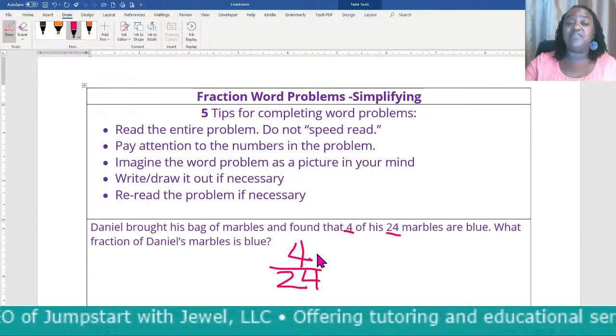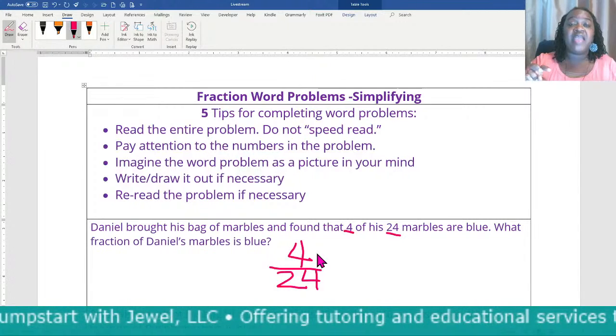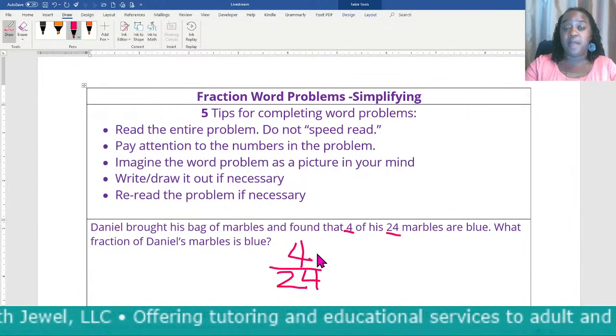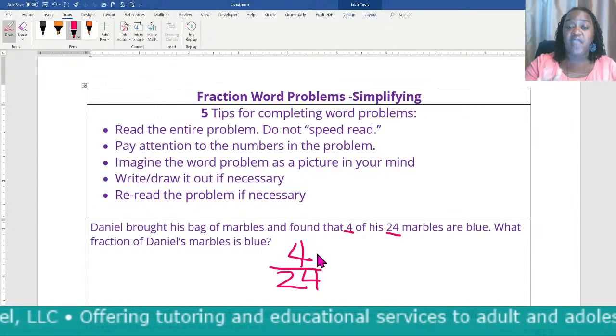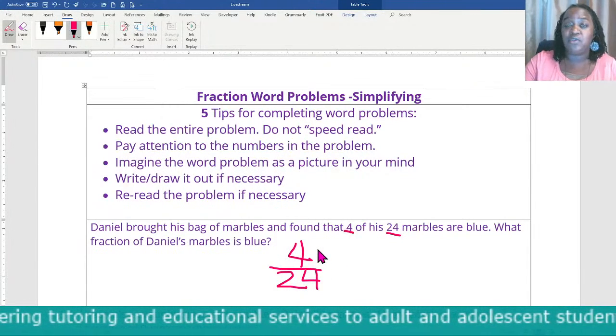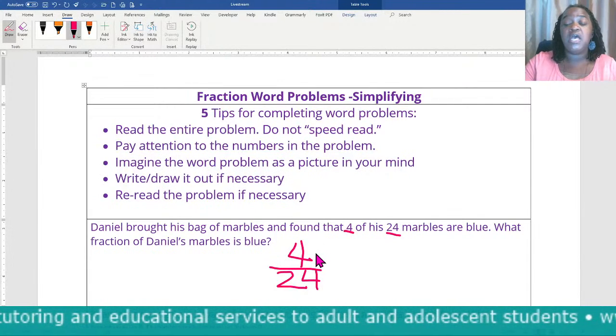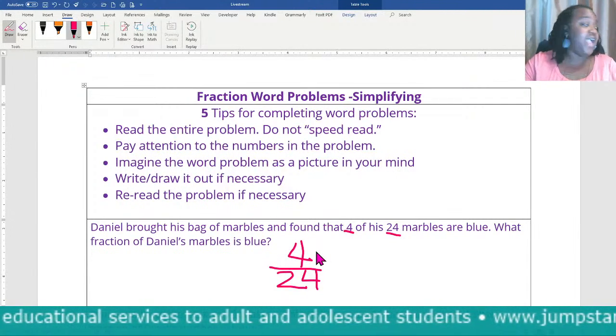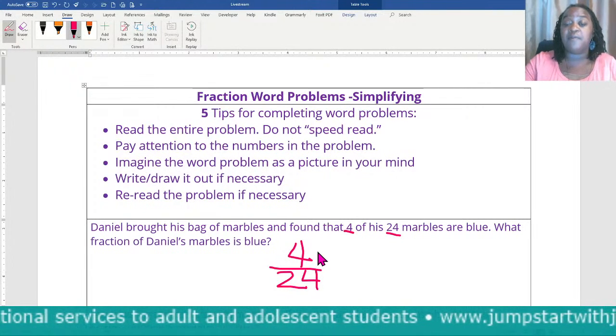That is a number that you can divide the numerator and the denominator by to make the fraction smaller. So if you're looking at 4 out of 24, and if you know your multiplication facts, the GCF, the greatest common factor that they have in common, is the number 4 itself.